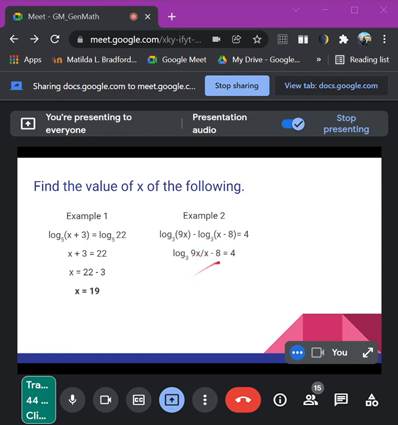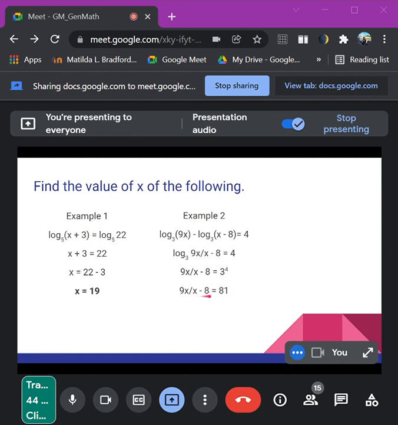So, if we're going to change this one into exponential form, mahimo siya og 9x over x minus 8 is equals to 3 raised to 4. Okay? From logarithmic to exponential. And then, we're going to simplify 3 raised to 4, that is 81. So, you have there 9x over x minus 8 is equals to 81.